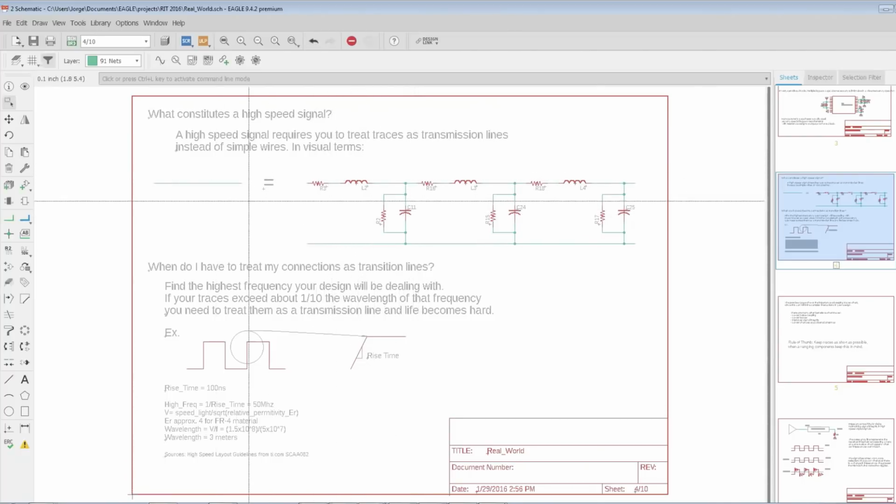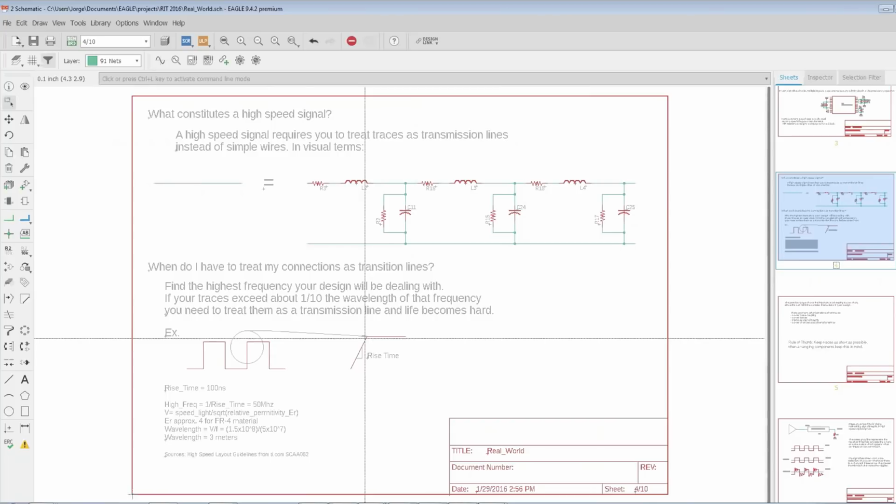So when does life become hard for us? When can we no longer ignore the wires in our circuit and have to start treating every single interconnect as a transmission line? Well, you need to look at the frequencies in your design. This particular metric comes from the high-speed layout guidelines from TI.